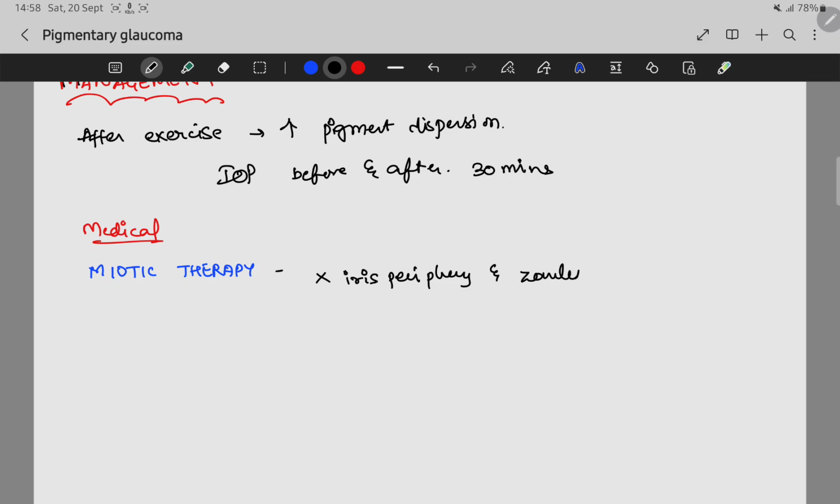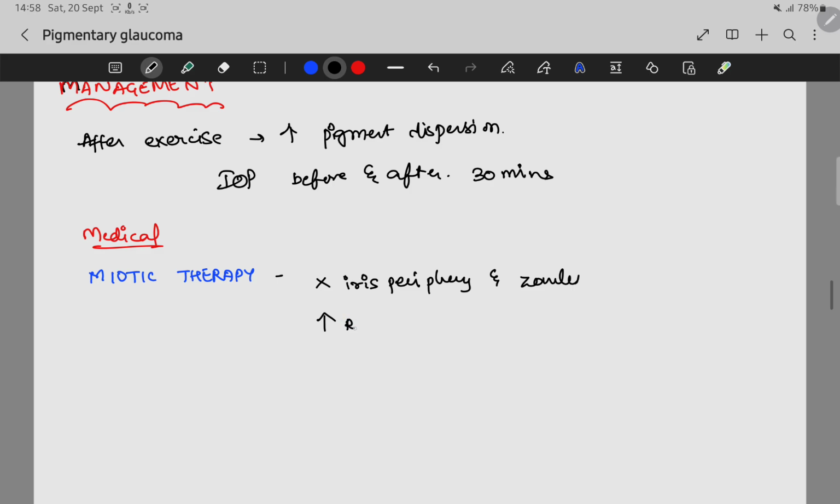So that's why miotic therapy is used, but there is increased risk of retinal detachment in these cases, and already they are myopic people, and this pilocarpine will not be tolerated by these young myopes because it causes further myopia, right? So pilocarpine is one of the drugs.